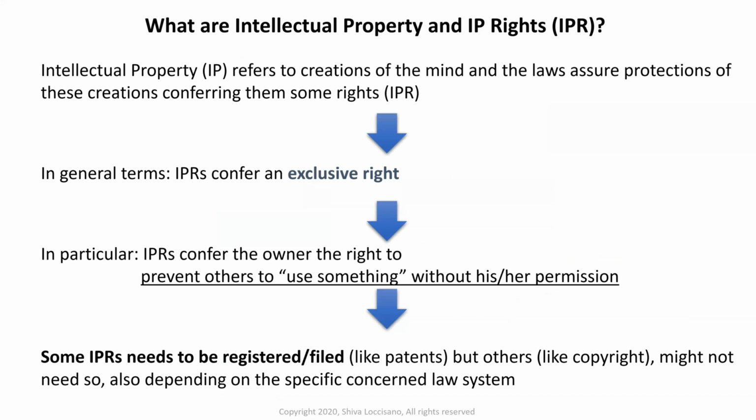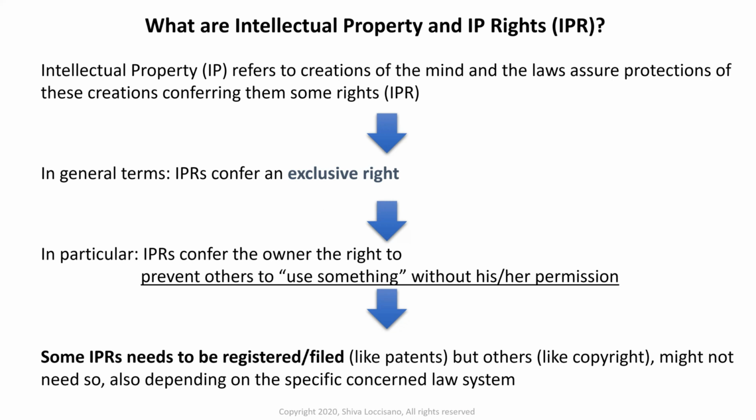So what are the intellectual property and the IP rights, though? The intellectual property refers to the creations of the mind, and the laws assure protection of these creations, conferring them some rights, which are in fact the intellectual property rights. In general terms, the IPRs confer an exclusive right, and in particular, the IPRs confer to their owner the right to prevent others from using something without his or her permission.